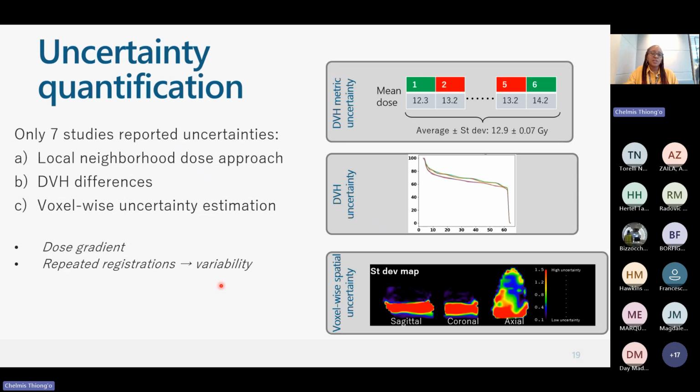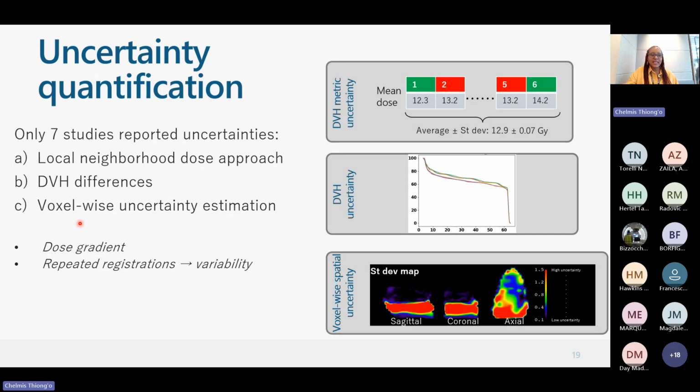Most of them used local neighborhood dose estimates or DVH differences to approximate misalignment effects, but 3 studies had voxelwise uncertainty either through dose gradient-based evaluation or by repeating registrations and analyzing variability.